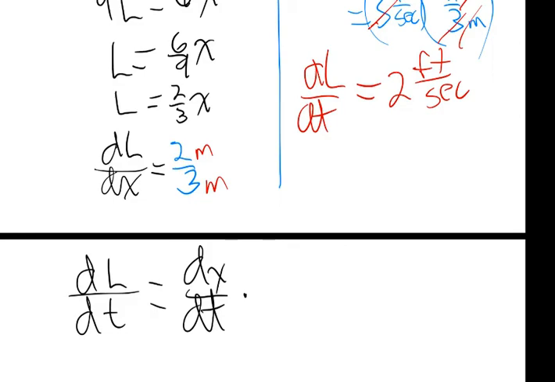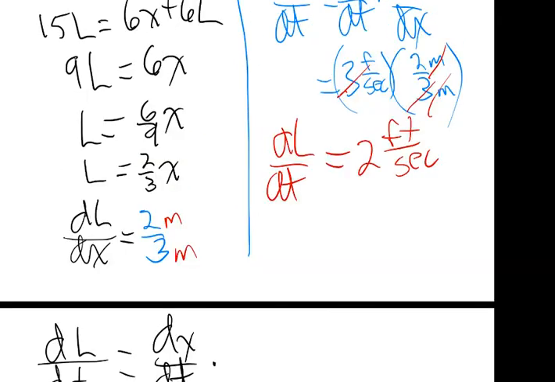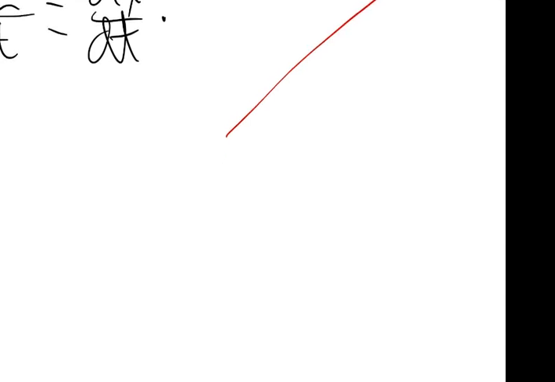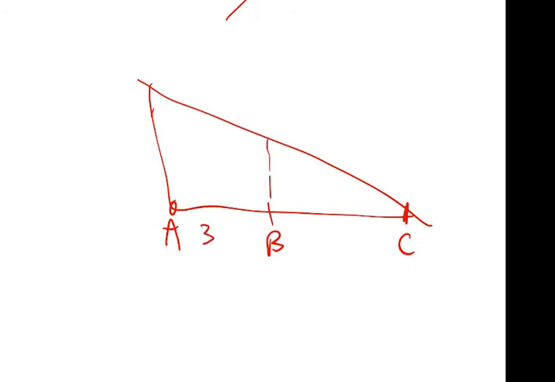Now, let's take a look at this information that we've got on a diagram. Back to our diagram. There's our diagram. There's A, there's B, and there's C. We know that A to B is, and there's our skateboarder there, 3 feet per second, and we're calling that dx by dt.